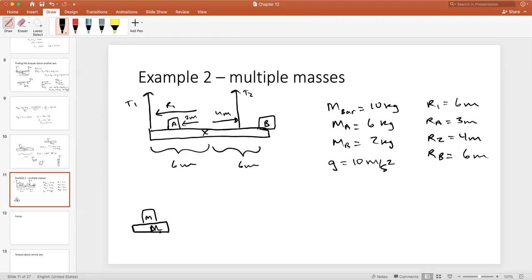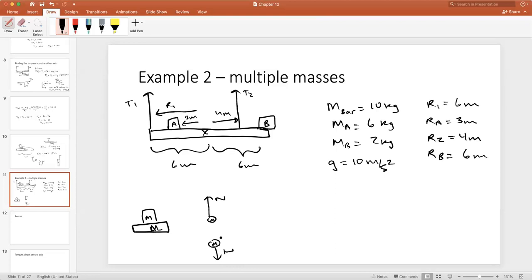I'm going to call this big M. Okay. So there would be a normal force on little m, and there would be a normal force pushing down on big M. So this normal force would be due to big M pushing up on little m, and there would be a normal force on big M from little m pushing down on it.